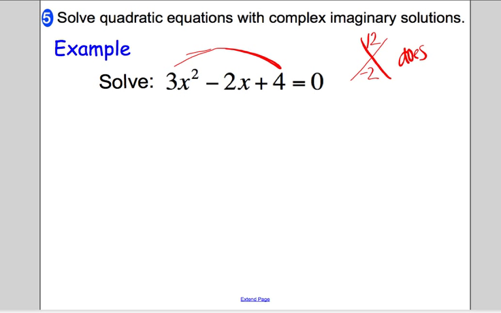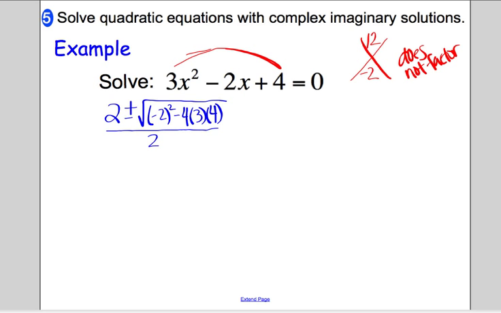So let's go ahead and set it up. We're going to have negative b, so we get 2 plus or minus the square root of b squared, so negative 2 squared, minus 4 times a times c, so 4 times 3 times 4, all over 2a.